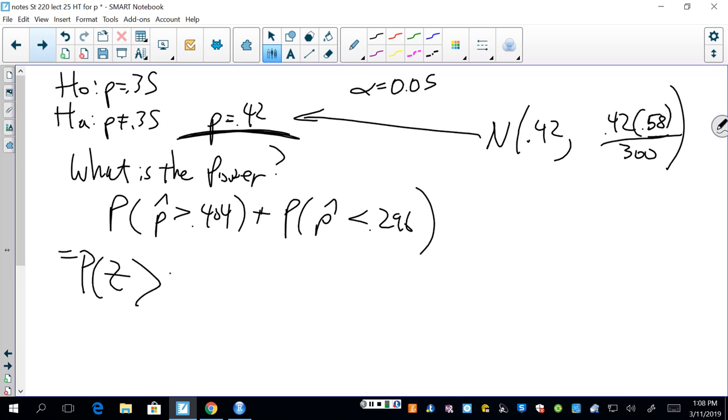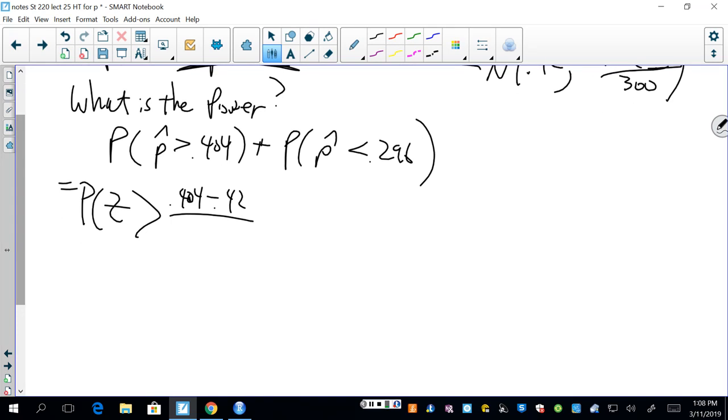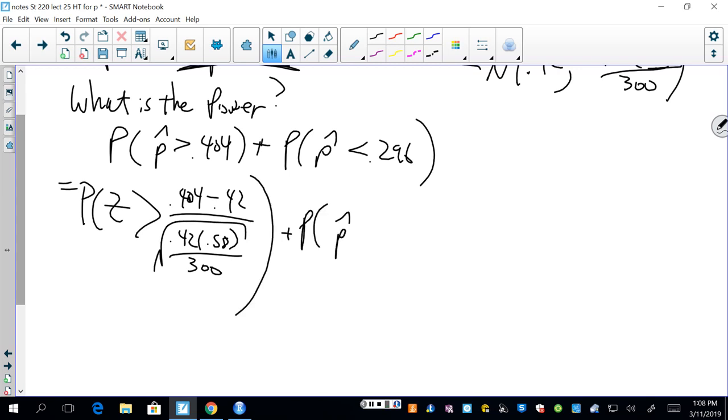So if it's 0.42, we subtract 0.42 here, and we put the square root of that variance in there, 0.42 times 0.58 over 300. And then we do that for the other tail: 0.296 minus 0.42, over the square root of 0.42 times 0.58 over 300.